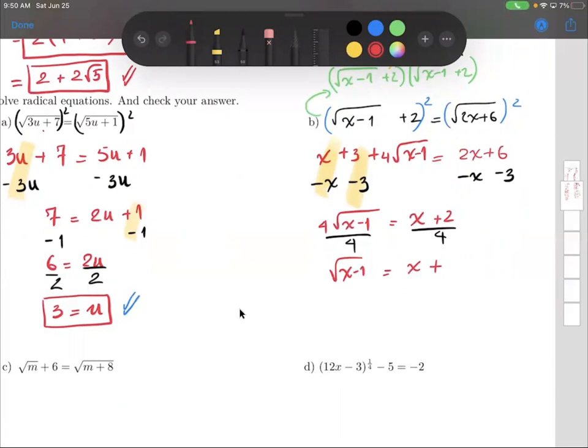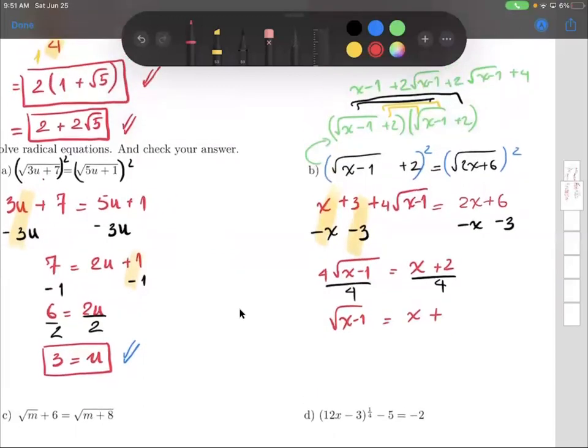Give me a second. Why can't it just simplify nicely? You know what? I have an idea. So I'm going to fix it into an x here.